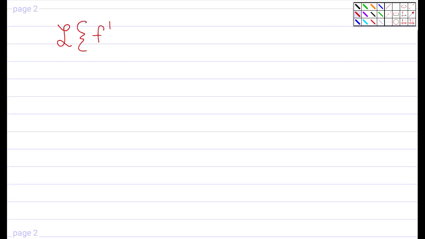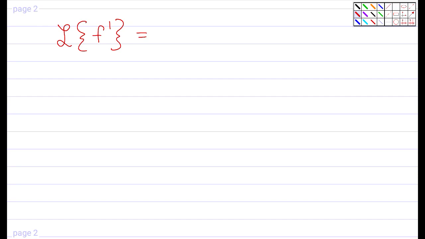Okay, we really need a couple more results in order to solve differential equations with Laplace transforms. The first result we're going to need is, what is the Laplace transform of the derivative of a function f? What is that?